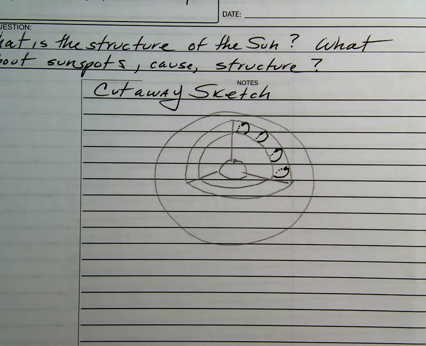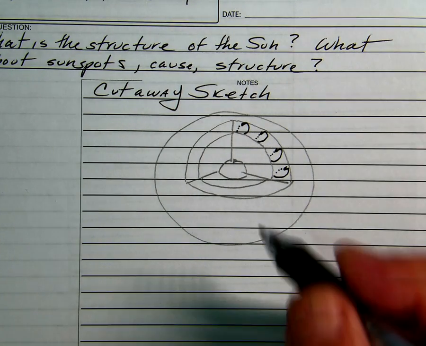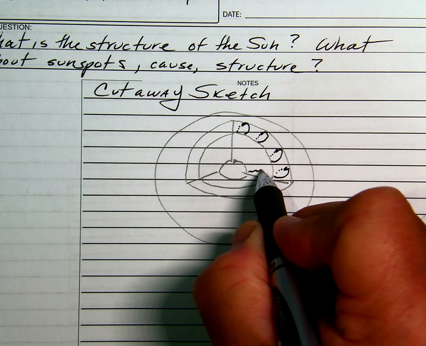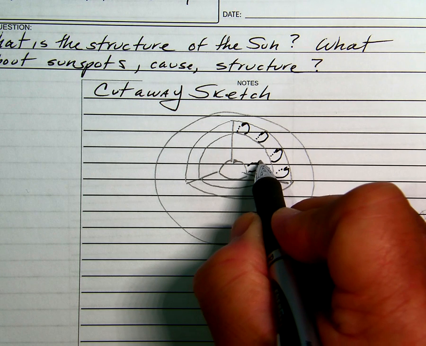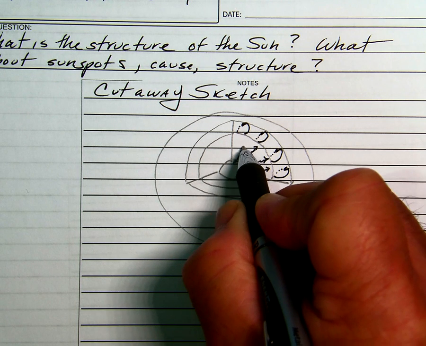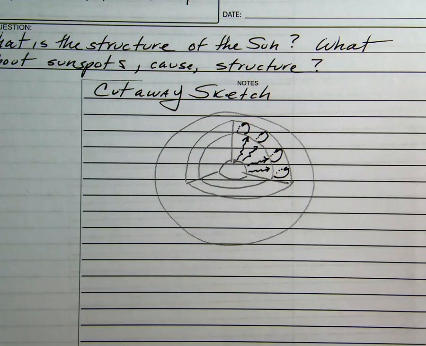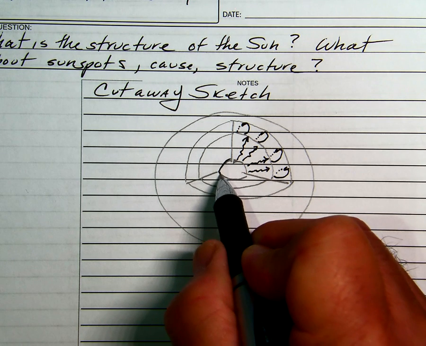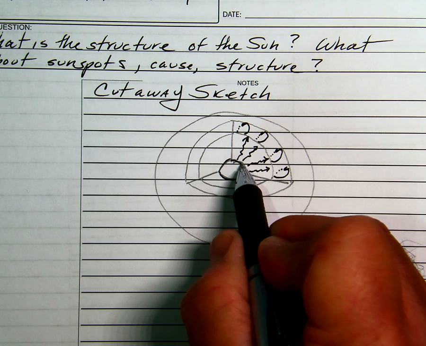There we go. And then in the radiative zone, you have movement in this fashion, like that. And then of course you have the core right here in the middle.